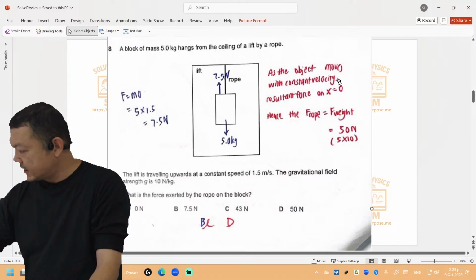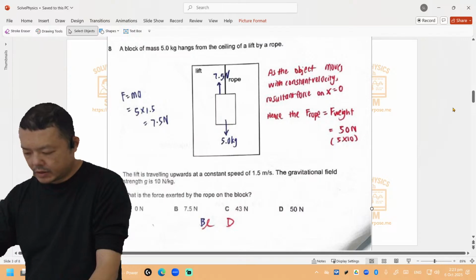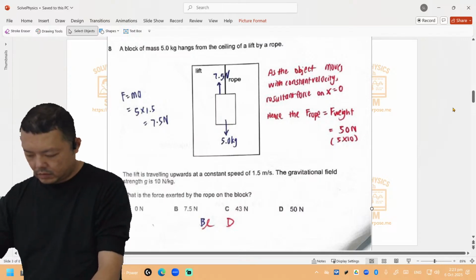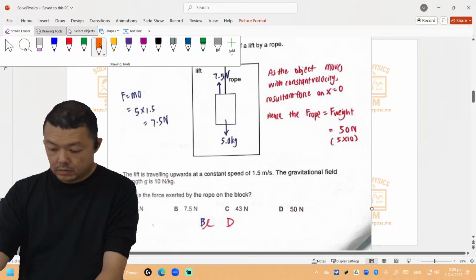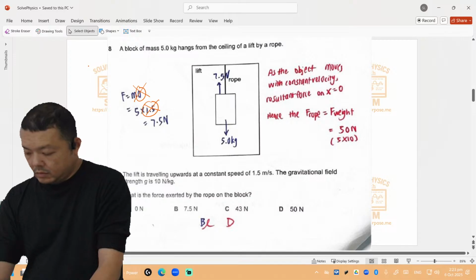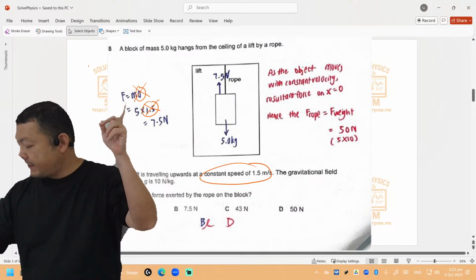I see your working, I see your corrections and all those kind of things, but what's the key phrase in this question? Mm. The key phrase is constant speed. You write F equals ma.